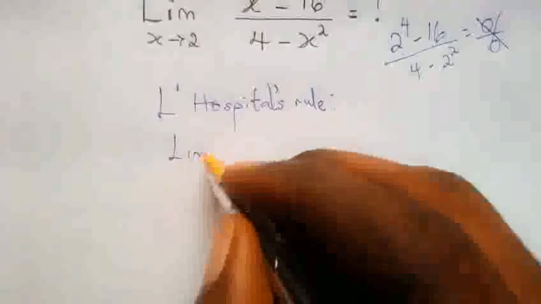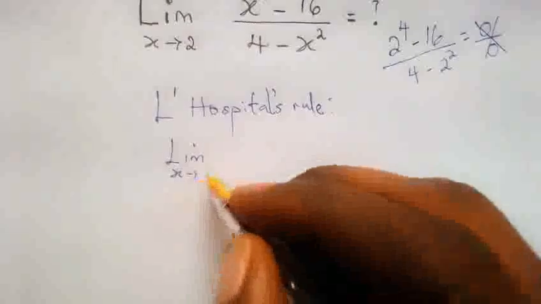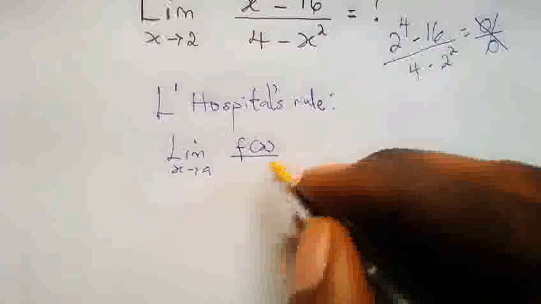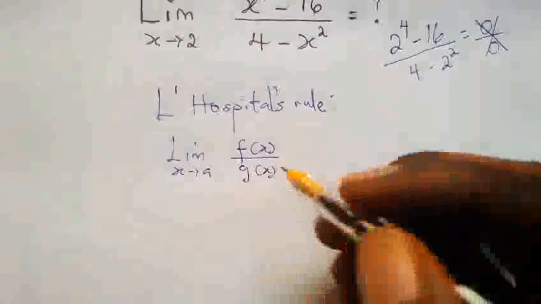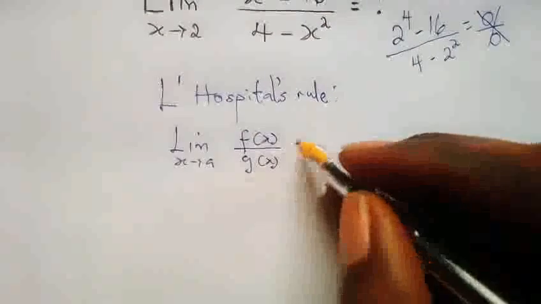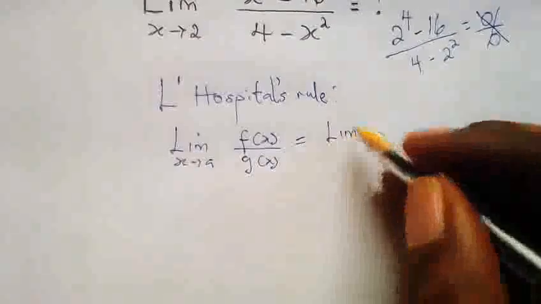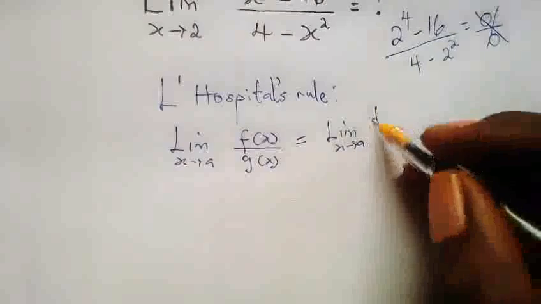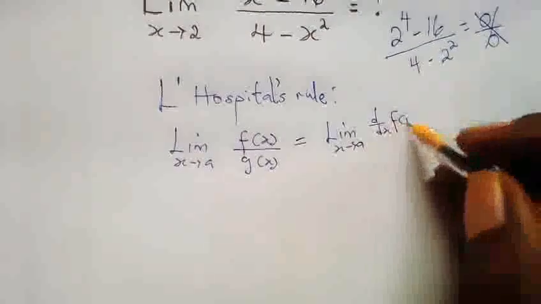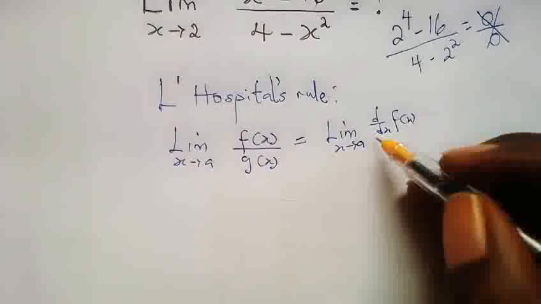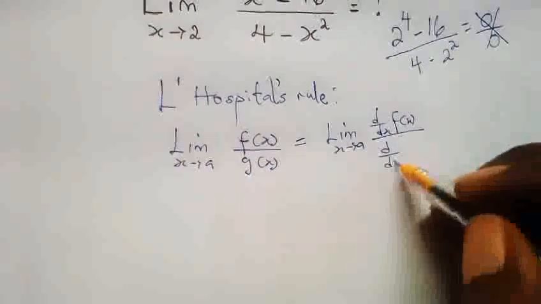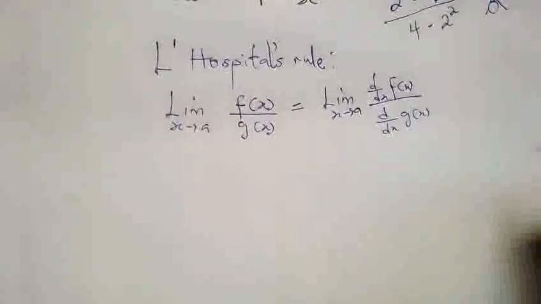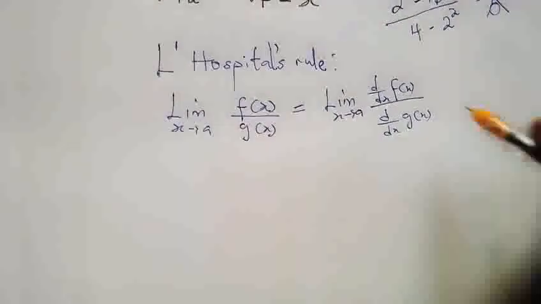When we have the limit as x approaches a of a function f of x over another different function g of x, this is the same as the limit as x approaches a of the derivative of f of x, differentiating f of x, all over the derivative of g of x with respect to x. This is what the rule is all about.